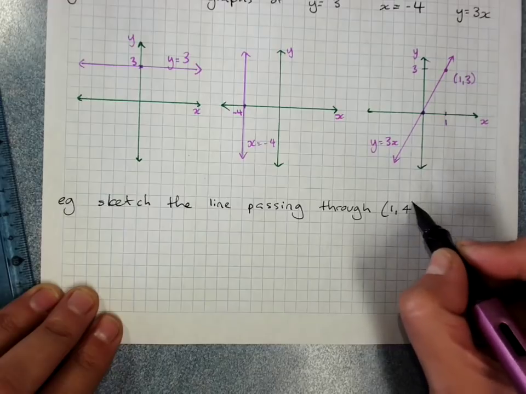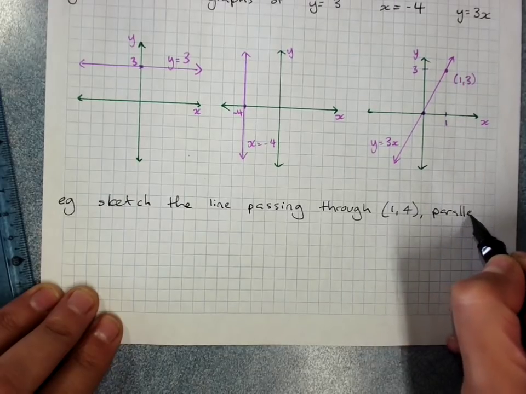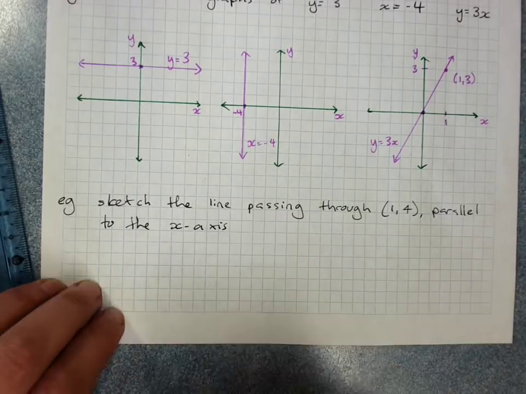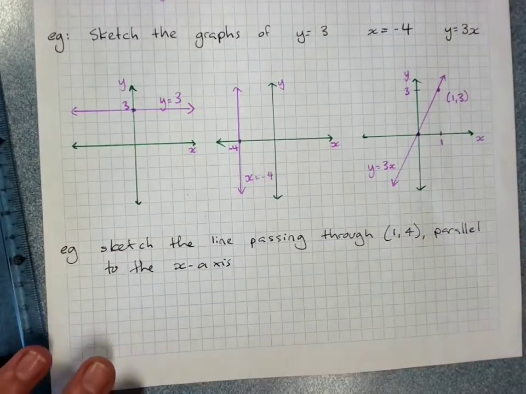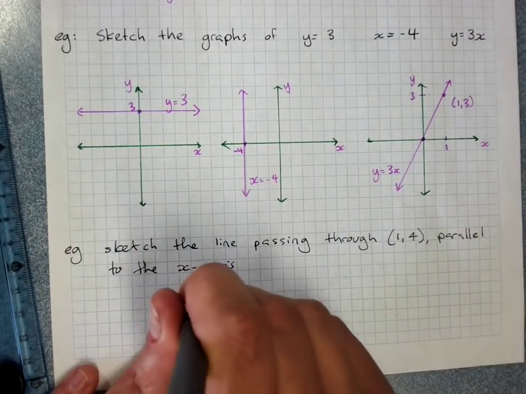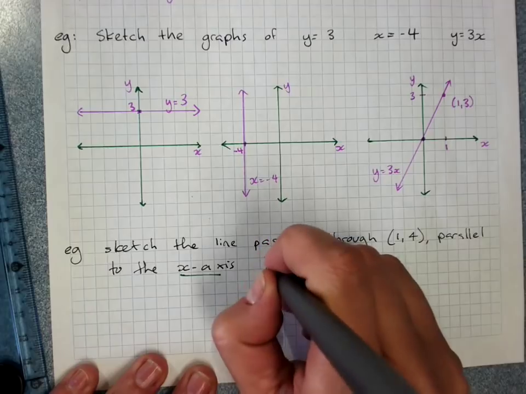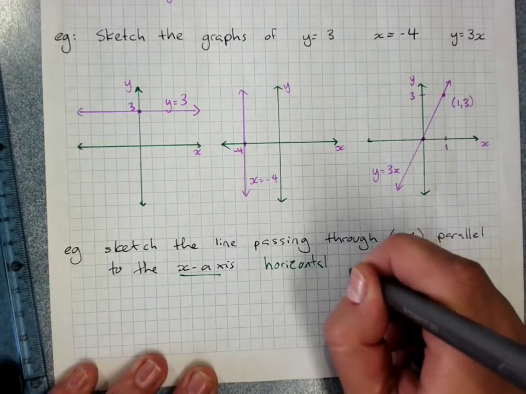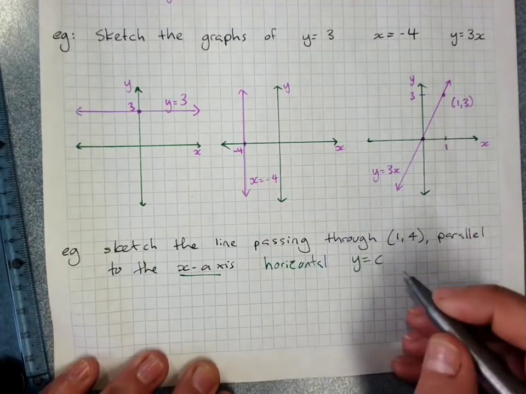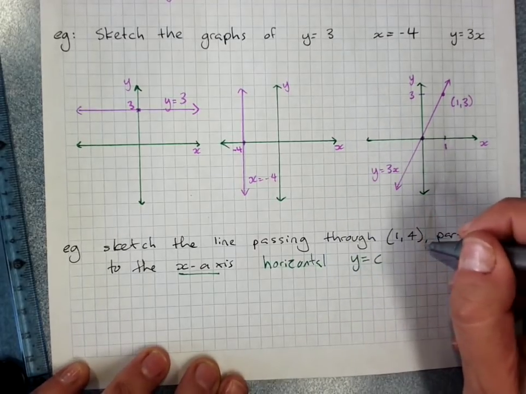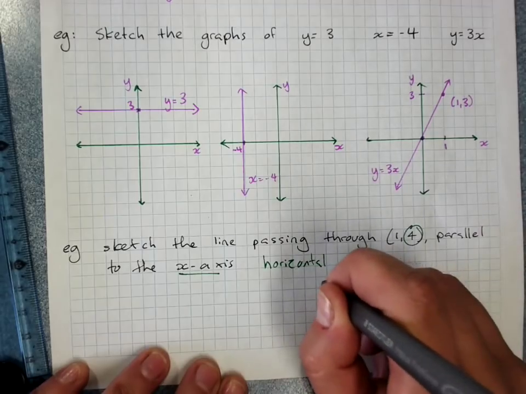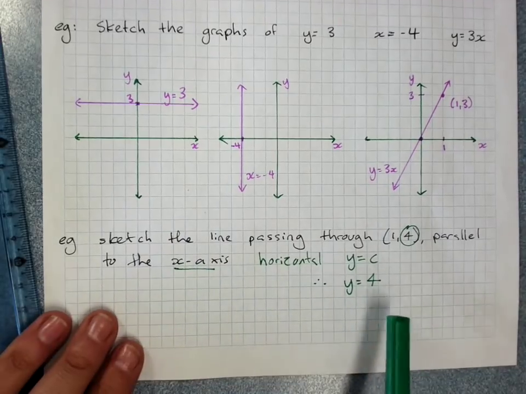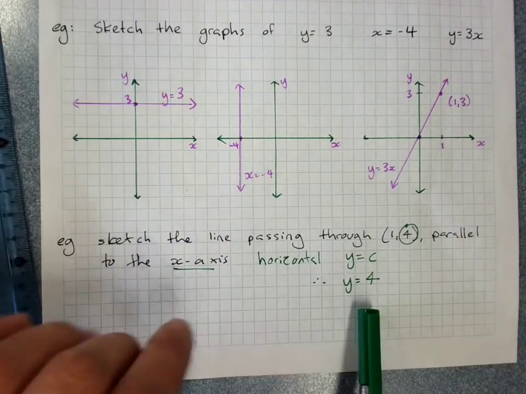Passing through (1, 4), parallel to the x-axis. So, because it's parallel to the x-axis, you know it's horizontal, and it has the form y equals c. And so you're looking for the y value in the point, y equals 4, and then you know you're sketching the graph of y equals 4, and you would sketch it like this.